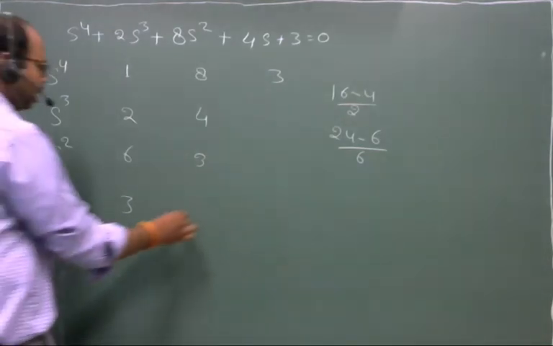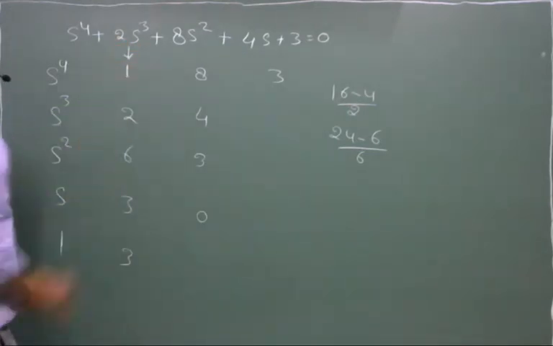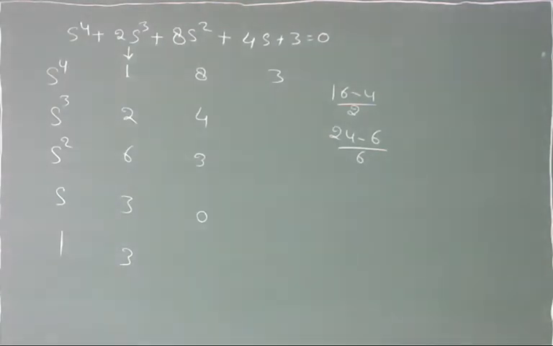And here I am having 0, and here the value is 3. Look at the first column. Since there is no sign change in the first column, therefore the system is stable, right? System is stable, and no root lies in the right hand side of the S plane.